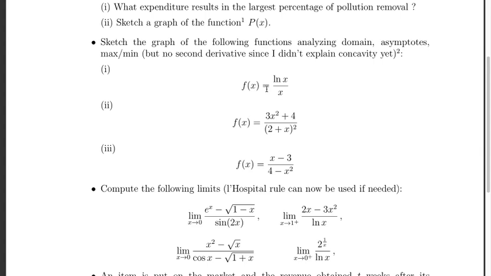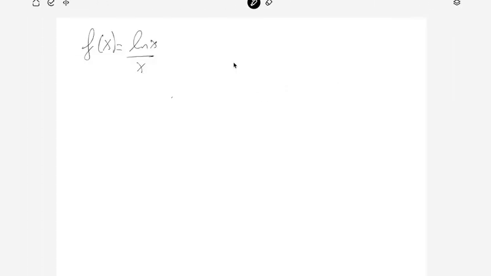Okay, now we start analyzing the domain. As regards the domain, we have that x should be different from 0 because x is at the denominator, and then x has to be greater than 0 because it is the argument of the logarithm. So in general, x has to be greater than 0.